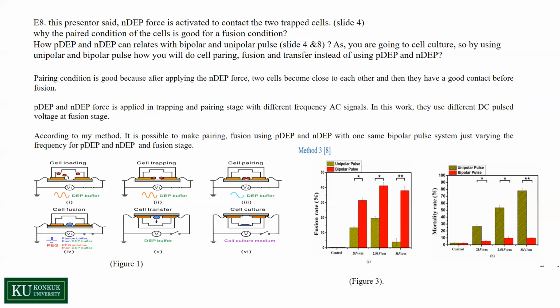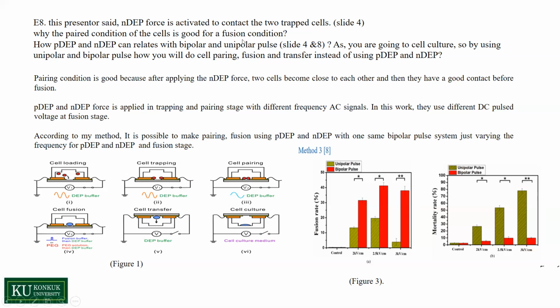But I would like to suggest one bipolar pulse system. With this one bipolar pulse system, just by varying the frequency from high to low, I can shift between the two processes, PDEP and NDEP, for cell trapping, pairing, and fusion.